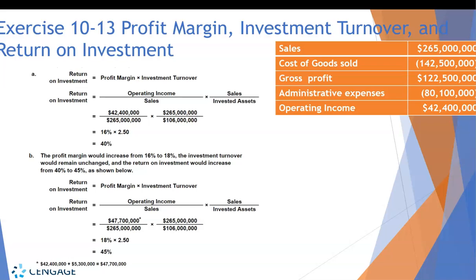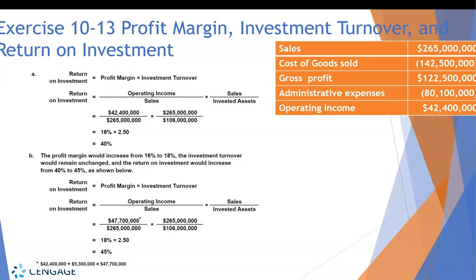Our profit margin is calculated by operating income divided by sales. So the $42,400,000 divided by our sales of $265 million yields a 16% profit margin. The investment turnover is the sales divided by our invested assets.